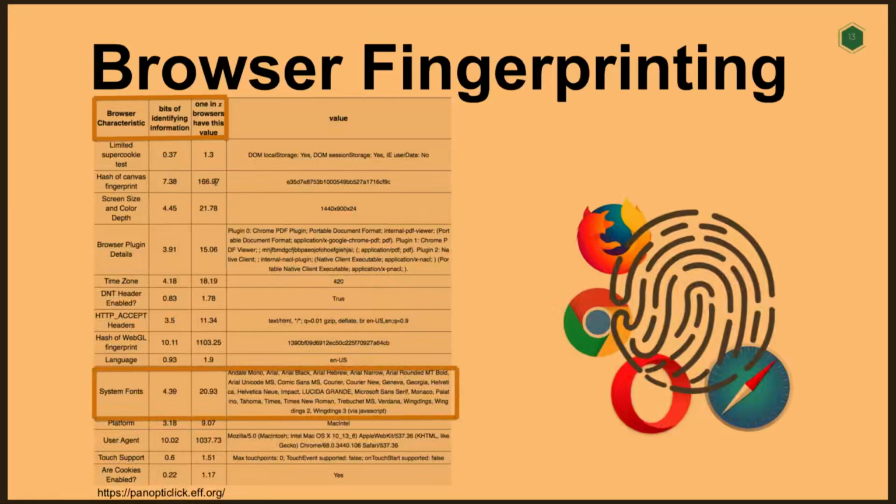The third interesting piece is the third column here, which is '1 in X browsers have this value.' So 1 in 20.93 browsers, or almost 21 browsers, have exactly the same set of system fonts as my browser. If I was a data scientist looking at this data set of all browser fingerprints for all web requests, just by looking at system fonts, I essentially cut down the data by 21.